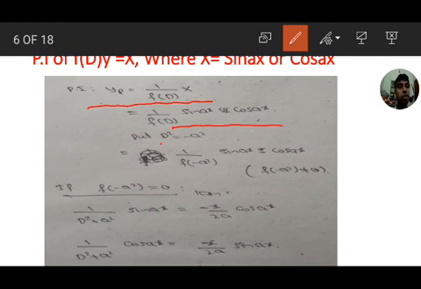Put D square equal to minus a square, that is PI equal to 1 by f of minus a square, sin ax or cos ax, if f of minus a square is not equal to 0. If we substitute D square equal to minus a square and the denominator is not equal to 0, then it is the solution. In f of D, wherever D square is there, we have to replace it by minus a square. If the denominator is not equal to 0, that is the final answer.